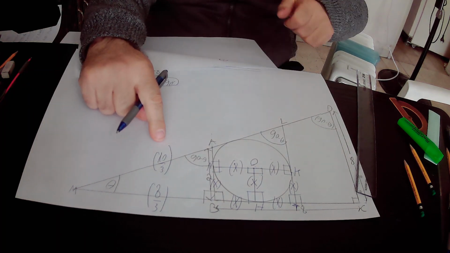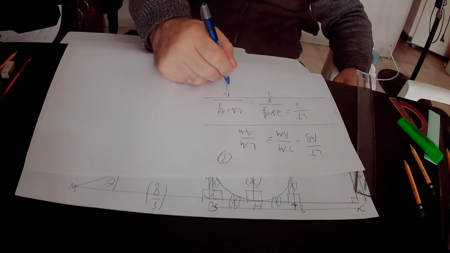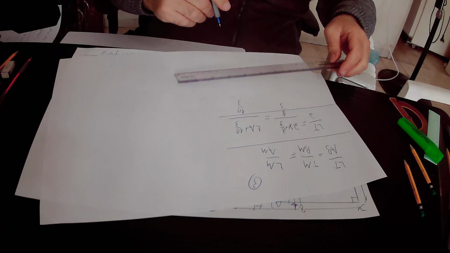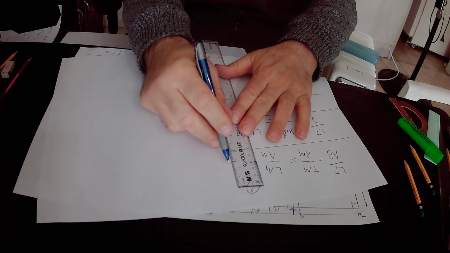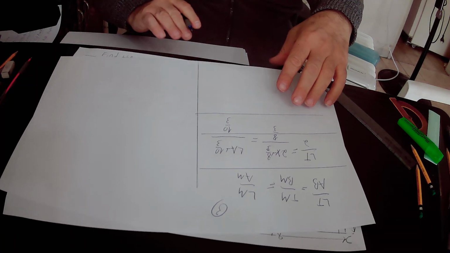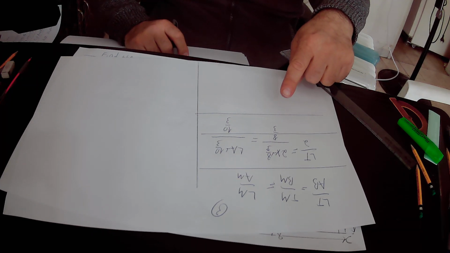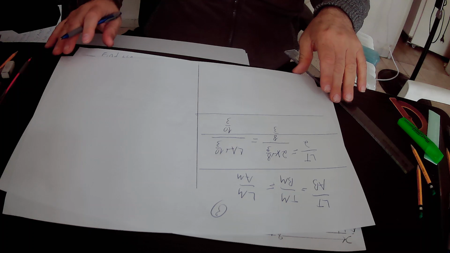AM equals 10 over 3. So in conclusion, we found that LT over 2 equals 2x plus 8 over 3 over 8 over 3, and it is also equal to LA plus 10 over 3 over 10 over 3.